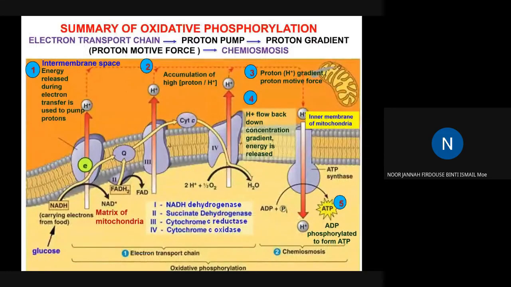So the summary here is, first, you remember the components of the electron transport chain. Second, you have to know that this is the ATP synthase involved in chemiosmosis. Together the ETC with chemiosmosis is what we call oxidative phosphorylation.